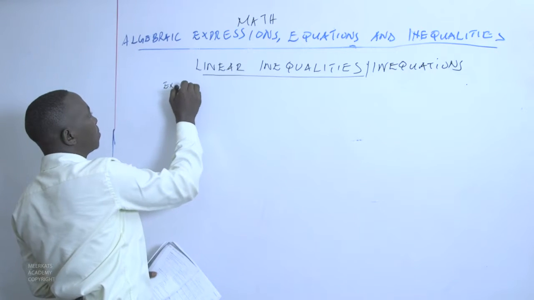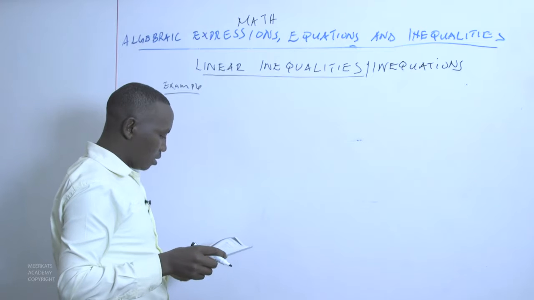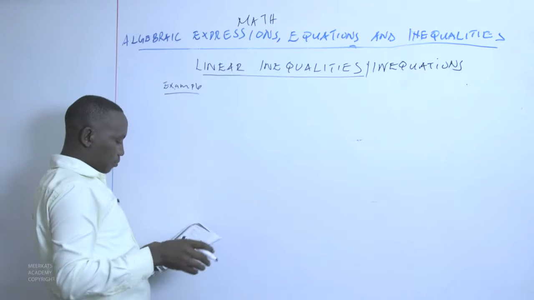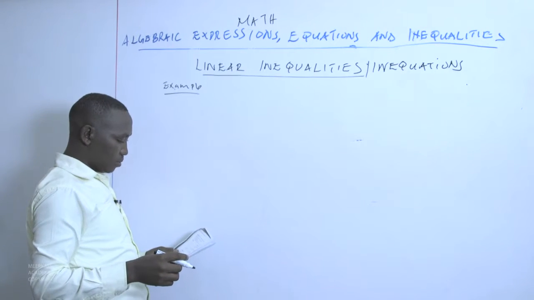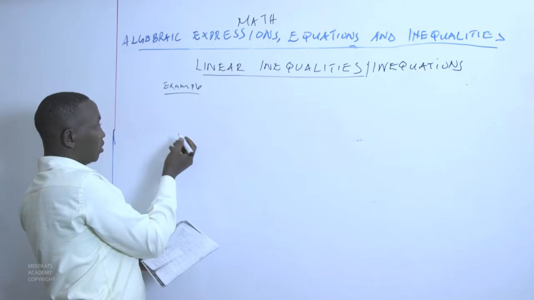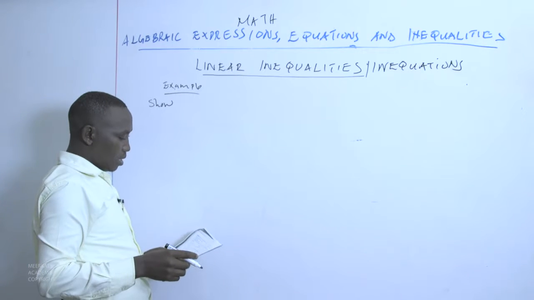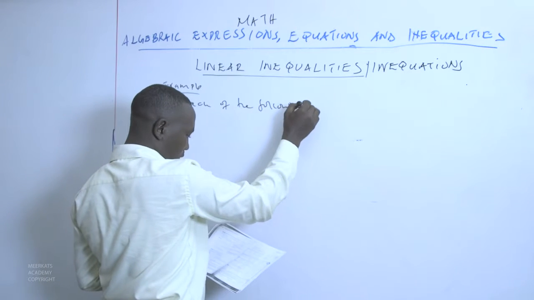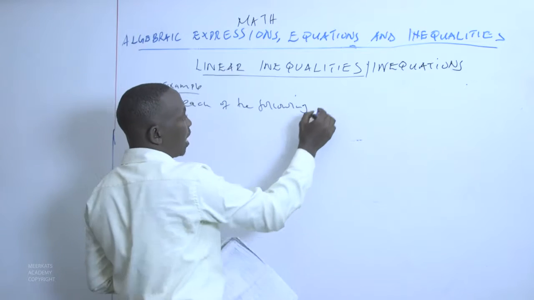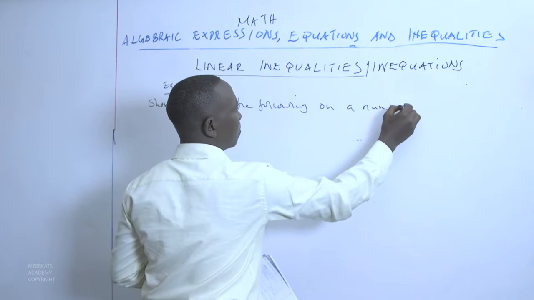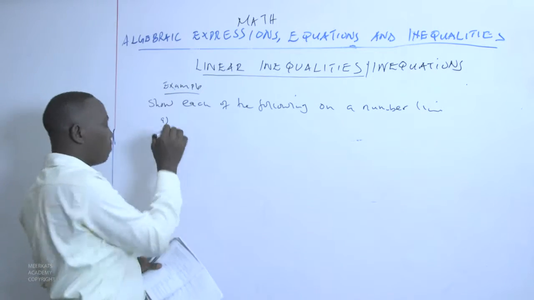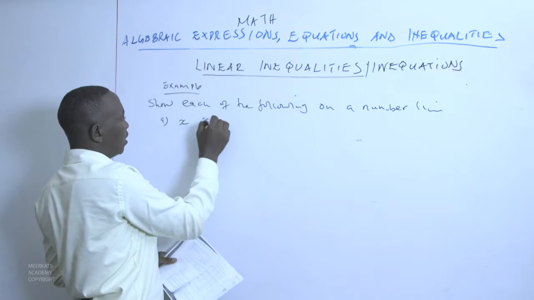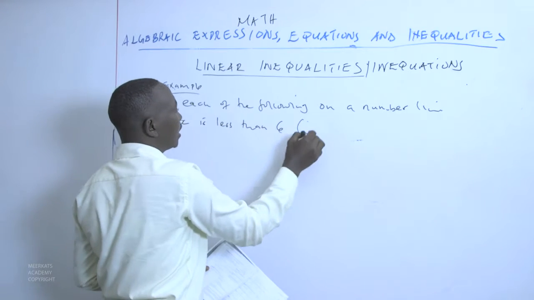Example: show each of the following on a number line. Part A, we have x is less than 6.